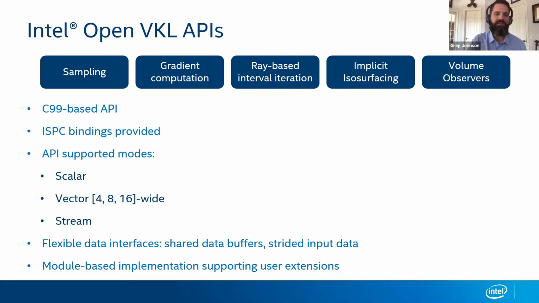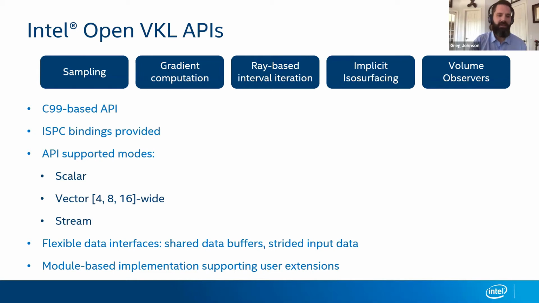Taking sampling as an example, we support scalar sampling, where you could sample a single point location at a time. We support vector-wide sampling, where you could sample 4, 8, or 16 locations at the same time, and under the hood, we'll make efficient use of SSE, AVX, AVX2, or AVX512 as appropriate. And then we also have stream-wide sampling, where we can sample arbitrary numbers of points at the same time. Under the hood, that will efficiently map to the most appropriate vector-wide interface.